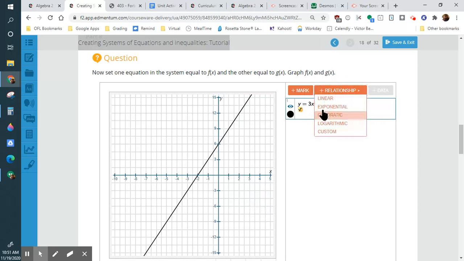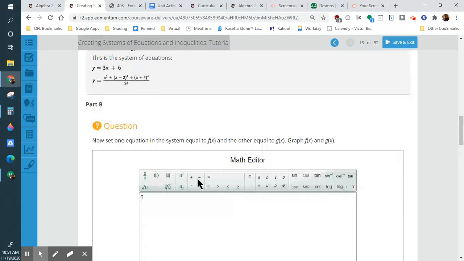I'm going to do another relationship, also do custom, and I'm going to say y equals, get my fraction in there. Did I save it? I did save it because I hit copy and I haven't copied anything else. It was in my clipboard, so I just did Control V and it copied down what I had before.